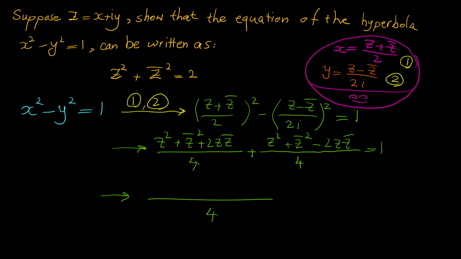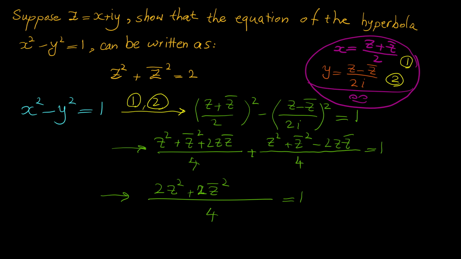We add numerators. z² plus z² is 2z². Z conjugate² and z conjugate² would be 2 z conjugate². And this term with this term cancels, and only we have these two terms in the numerator, equal 1.